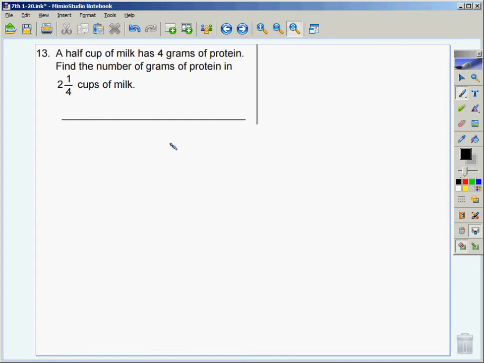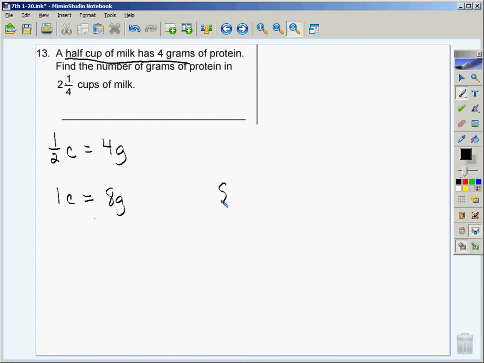Okay. 13 was also a review question. If a half a cup of milk has 4 grams, how much would 1 cup have? 8 grams. The reason I want to know how much 1 cup has is that gives me a unit rate. 8 grams in 1 cup, which means that I can multiply.